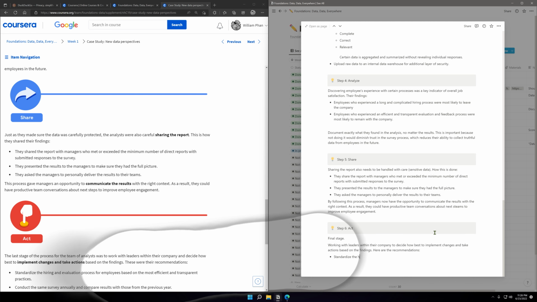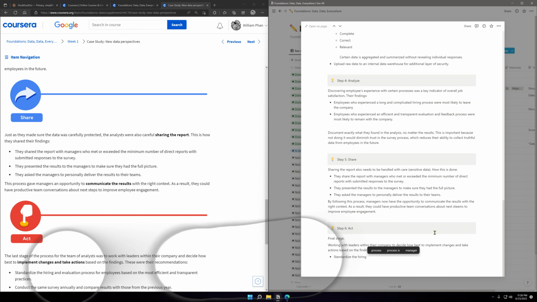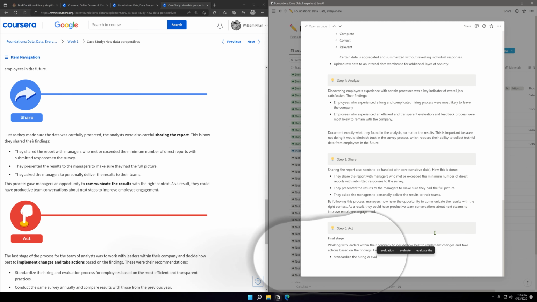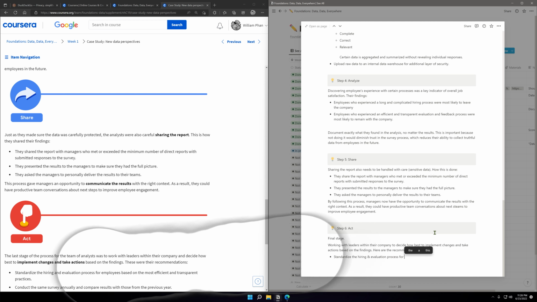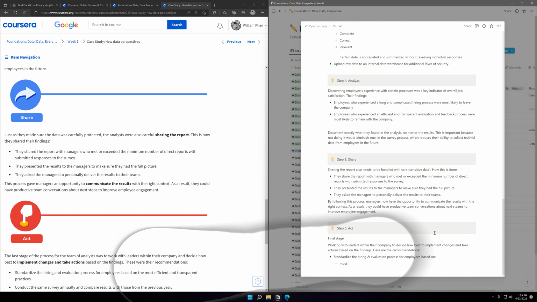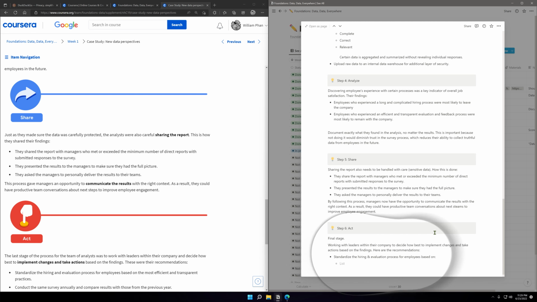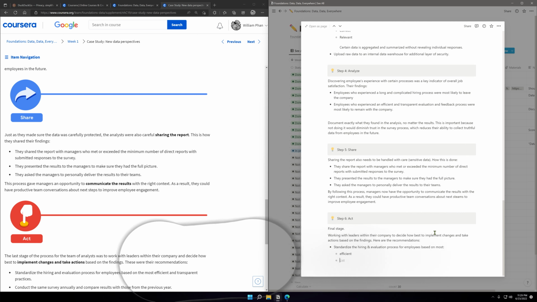Standardize the hiring and evaluation process for employees based on the most efficient, most transparent.